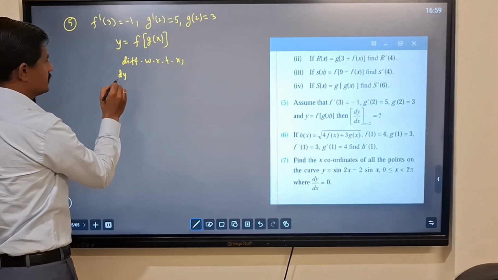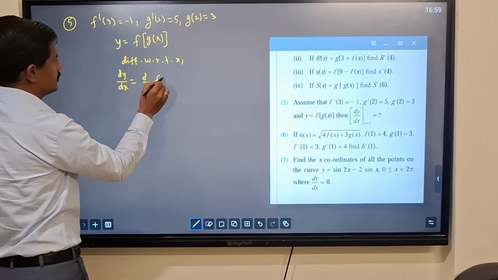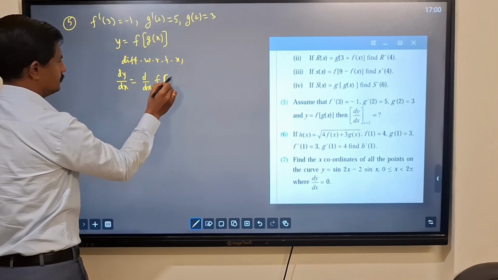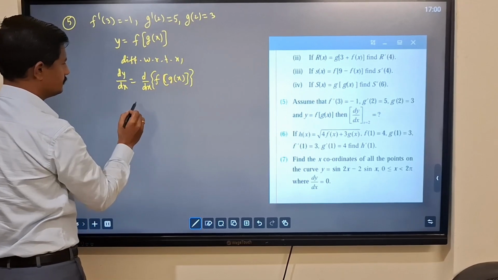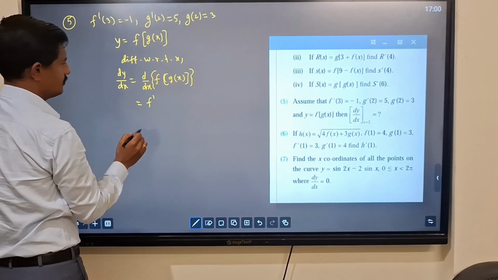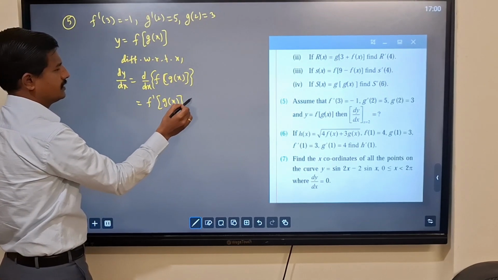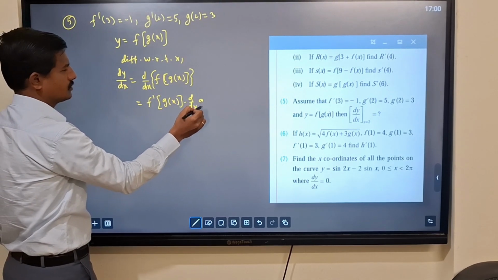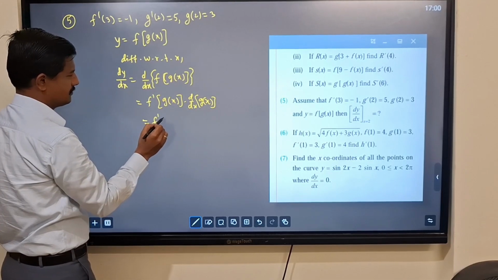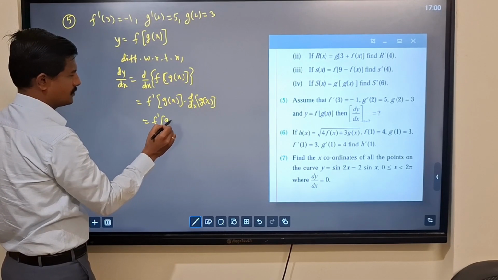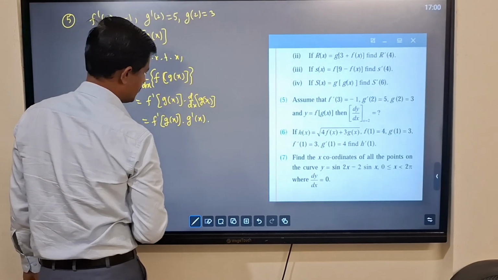This becomes dy/dx equal to d/dx of f of g of x, which becomes f prime of g of x into d/dx of g of x. This becomes f prime of g of x into g prime of x.